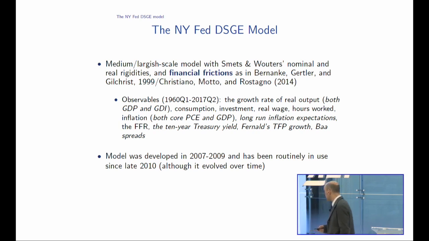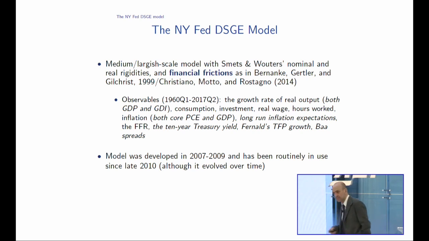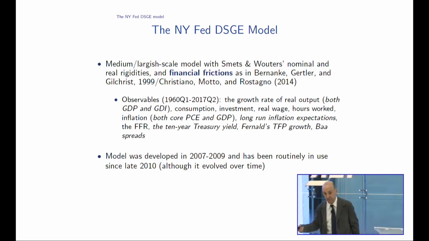The federal funds rate, the 10-year Treasury yield, John Fernald's measure of total factor productivity growth, he used to work at the San Francisco Fed. And as I was saying, the BAA spreads as a measure of spreads, an important financial variable in the system.